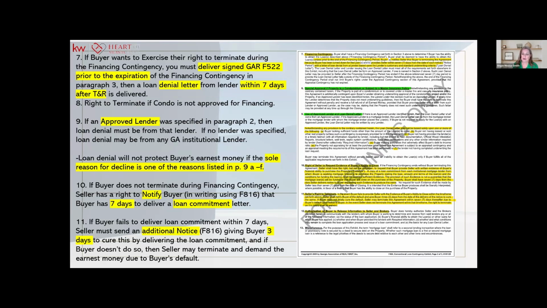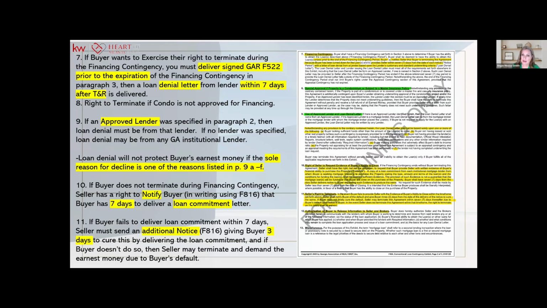If they do not, paragraph 11 says a second notice has to be sent, same form, F-816, and that is a 3-day notice period that notifies the buyer that basically they defaulted because they did not send the loan commitment letter within 7 days. So now they have 3 additional days to cure that default and send that loan commitment letter.